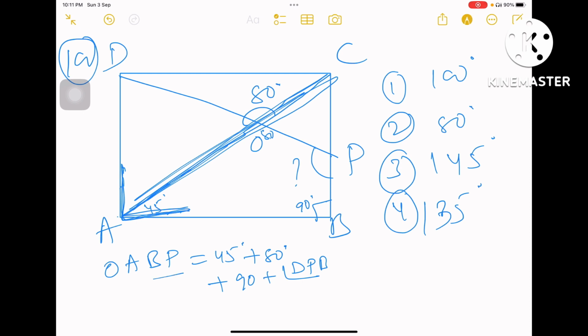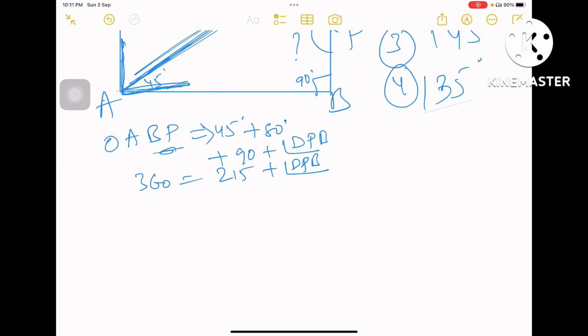The sum of the angles of a quadrilateral is 360. So 360 is equal to 45 plus 80, 125, 125 plus 90, 215. 215 plus angle DPB. So 360 minus 215 is equal to angle DPB. That is nothing but angle DPB is equal to 145 degrees.